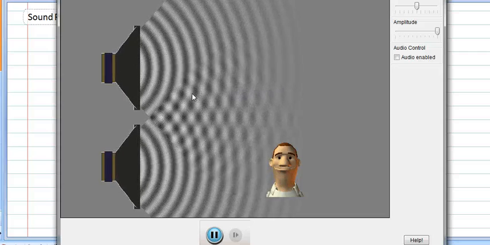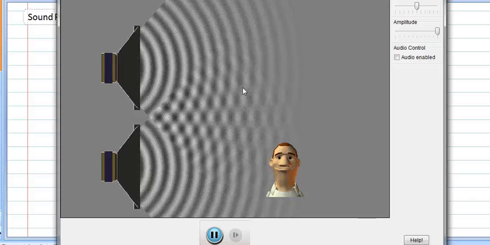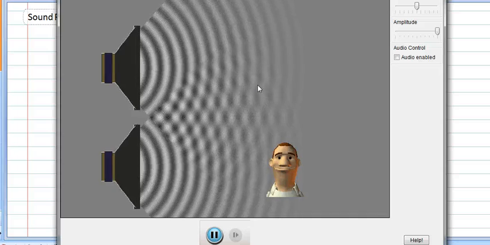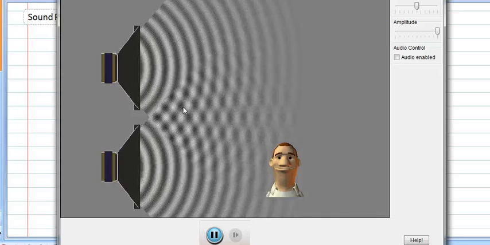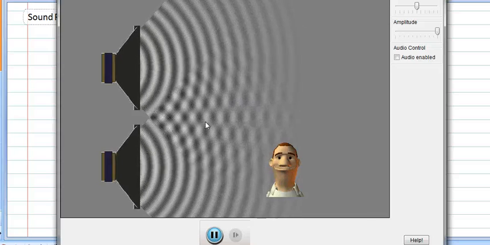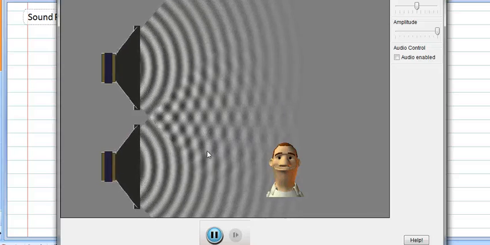And all along these lines, there's no interference, or there's no wave amplitude. Now, the location of the very bright light and dark that's alternating, well, those are like your antinodes.